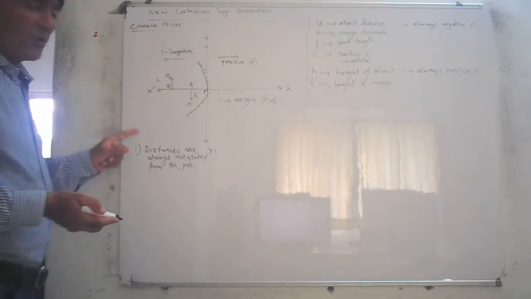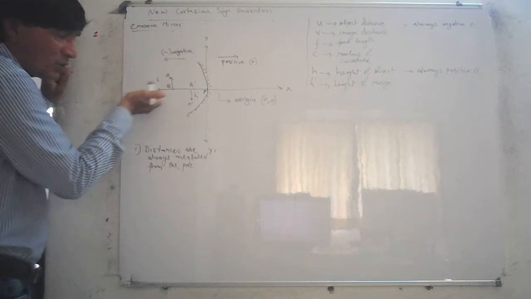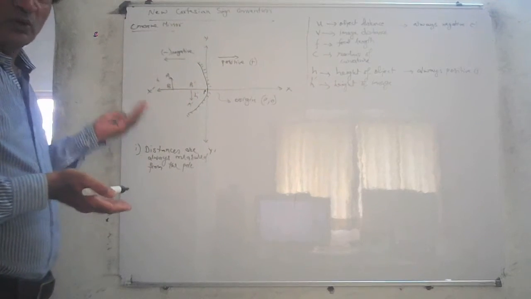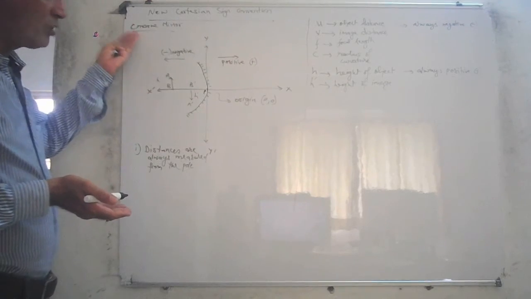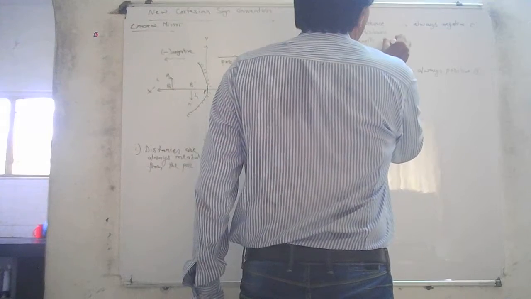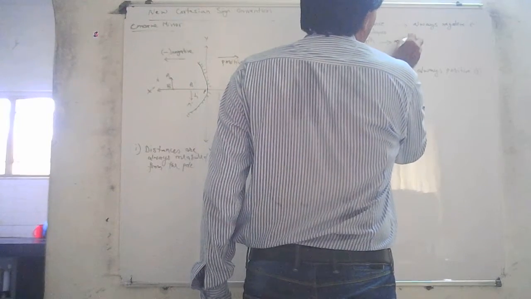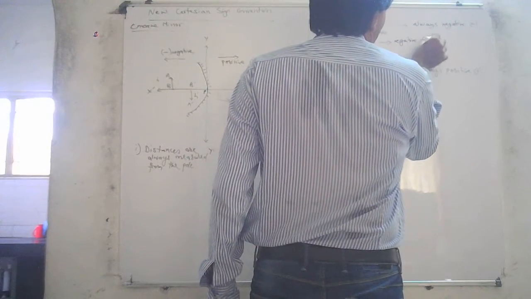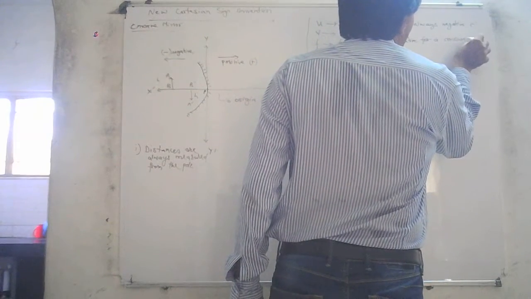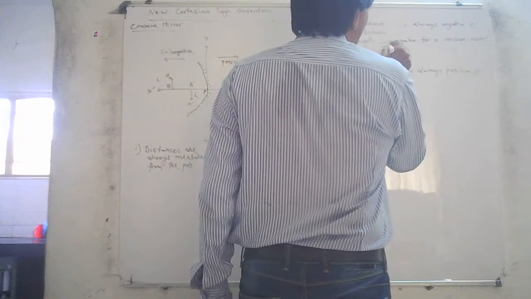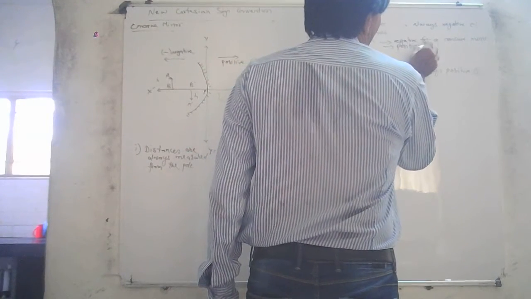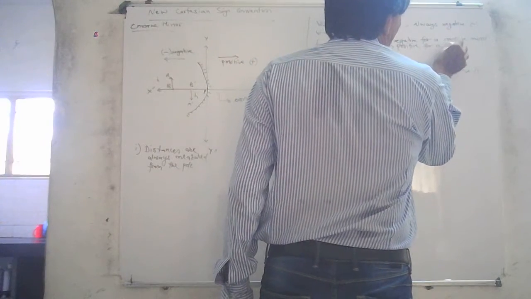Focal length, you see focal length is on this side. For a concave mirror it is on this side. So focal length will be negative for a concave mirror, and it will be positive for a convex mirror.